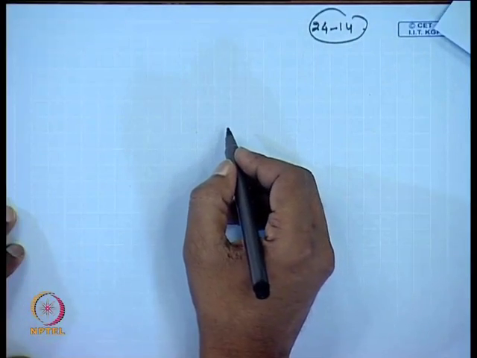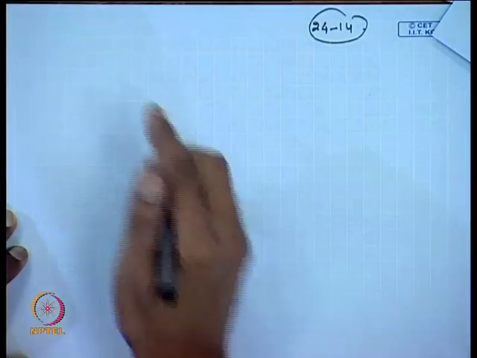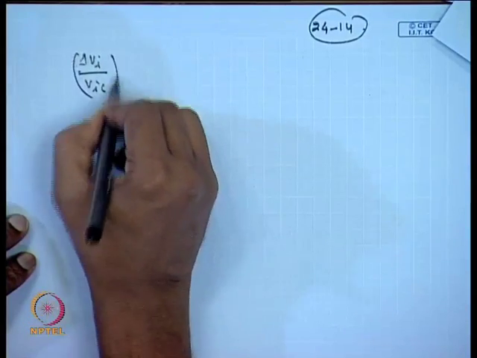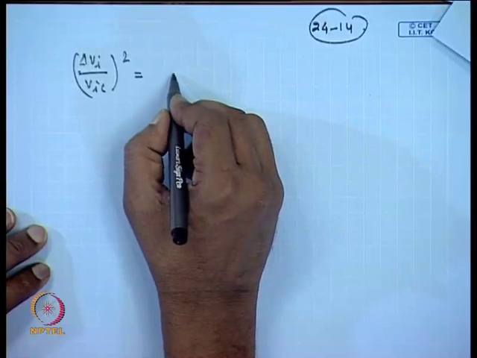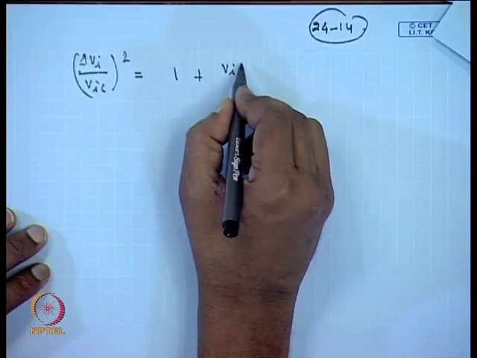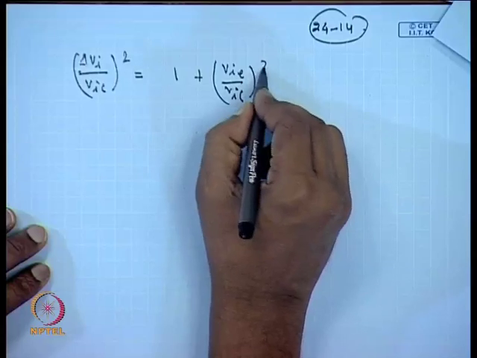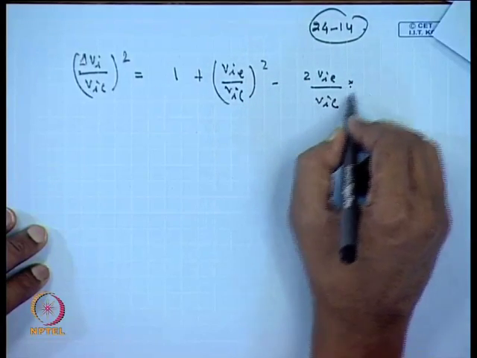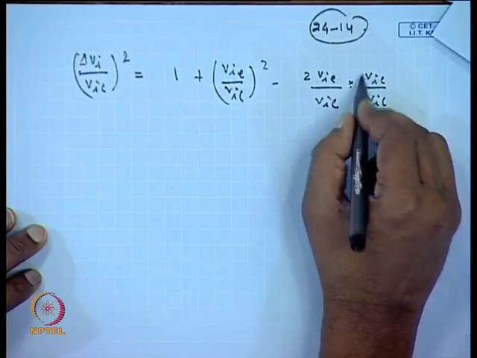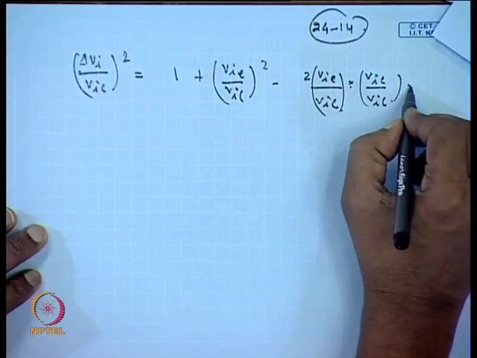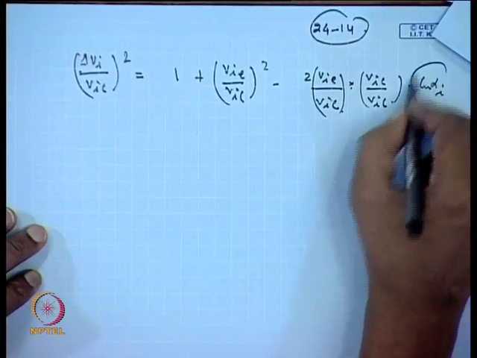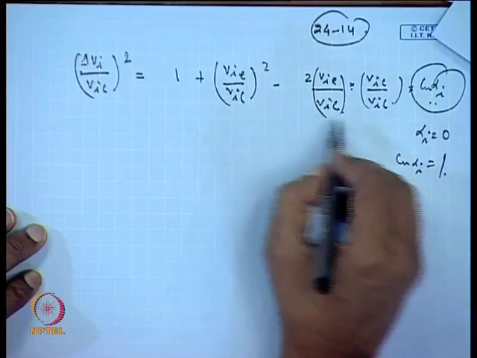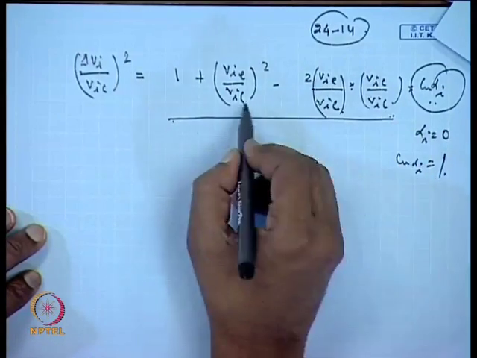so, what you need to do for that, we had the equation where delta V I by V I c square we wrote as 1 plus V I e by V I c square minus 2 V I e by V I c and V I c by V I c, okay, times cos alpha I. So, once alpha I equal to 0, the cos alpha I becomes equal to 1, and therefore, what you get is the remaining quantity present here.